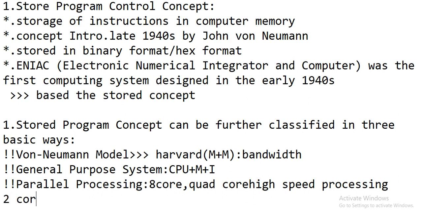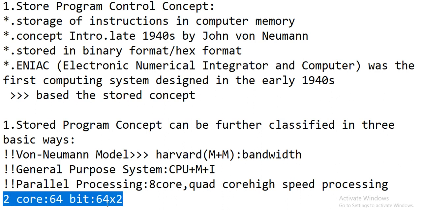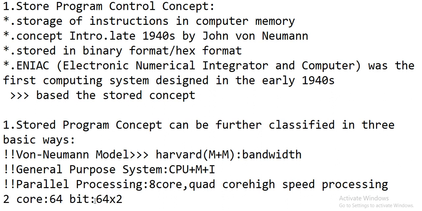Assume you have a 2 core processor and your processor is 64 bit. So 64 into 2, that much data is transferred at once. This is called parallel processing, meaning 64 into 2 data is transferred simultaneously from the processor.